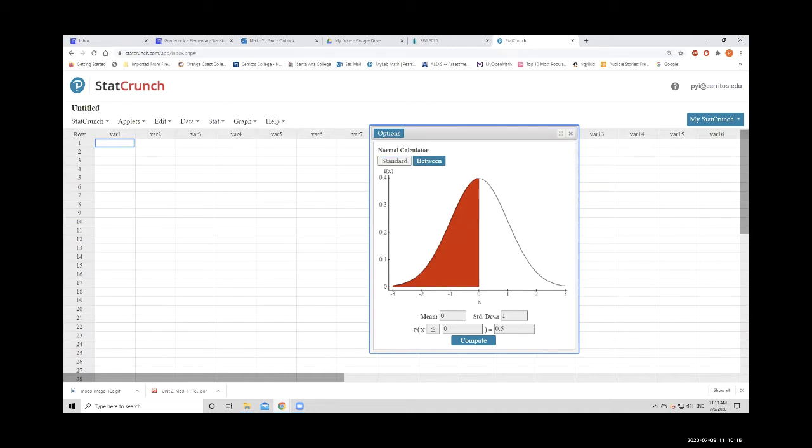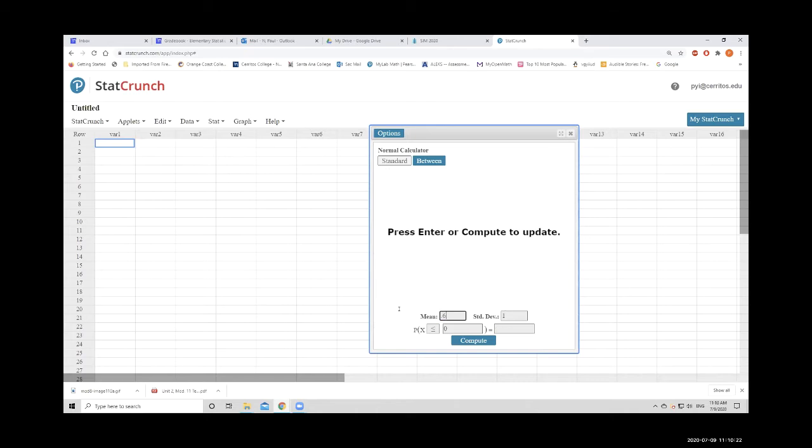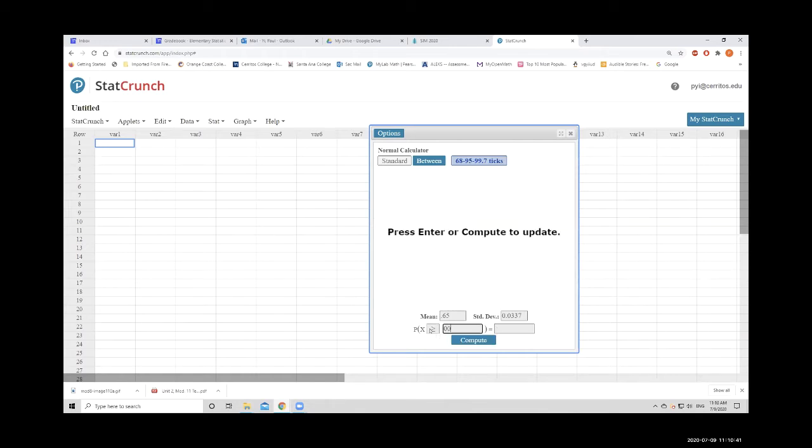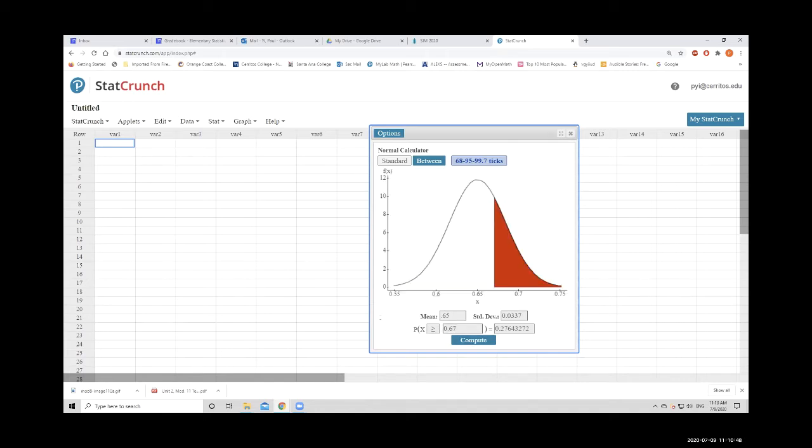And we want something that is greater than. So we have the mean, what was our mean? 0.65, with the standard deviation, which we do have to calculate, 0.0337. That's all we need. And we want that to be greater than 0.67. Then we want to compute that.